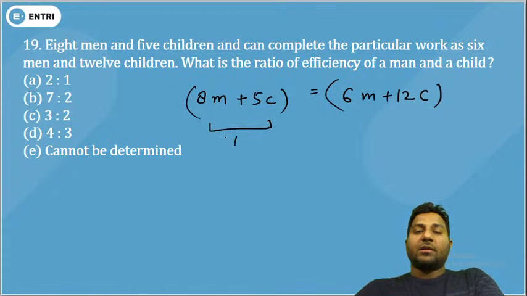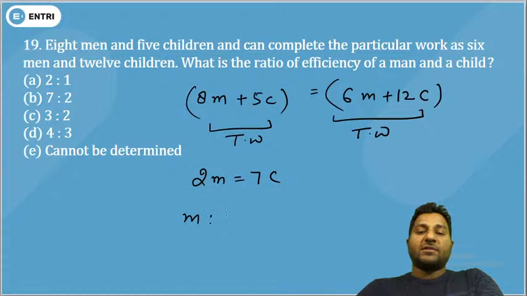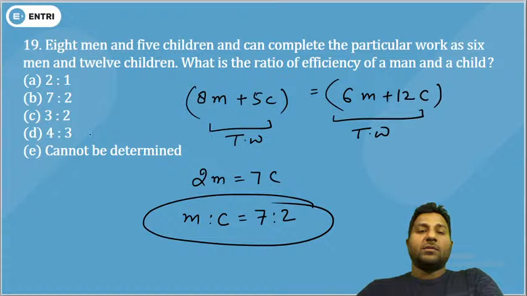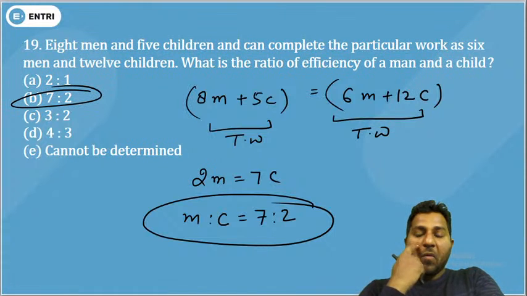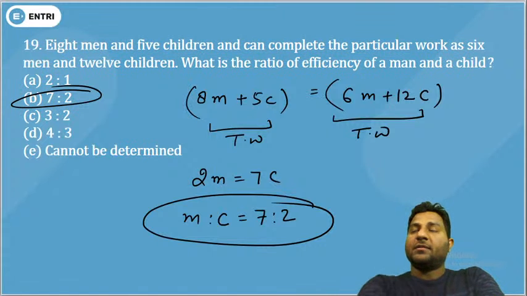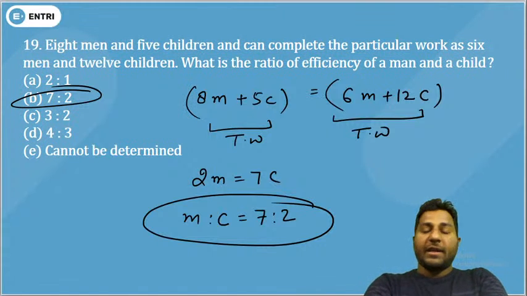So the total work will be equal to total work. That means 2 men equals 7 children. That means the efficiency of men and children will be like 7:2. So your B option is the correct one. Alright, I hope you all are getting the concept.